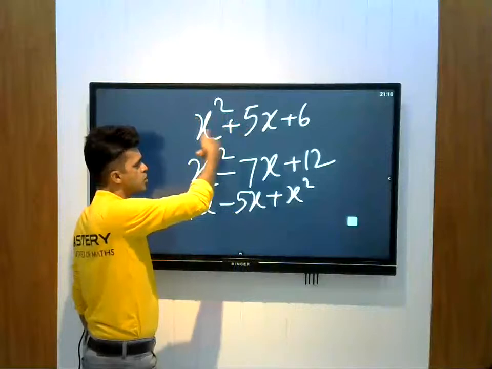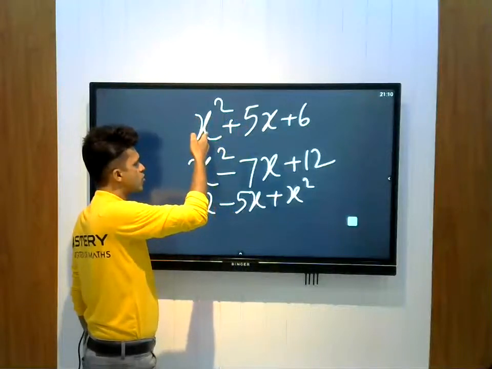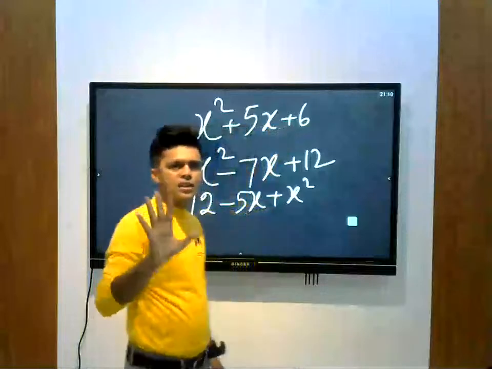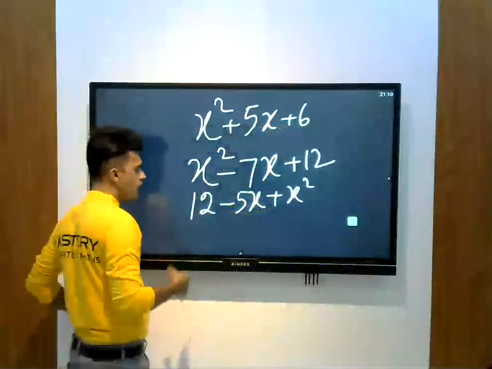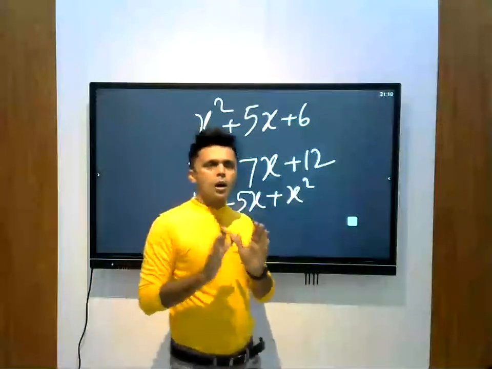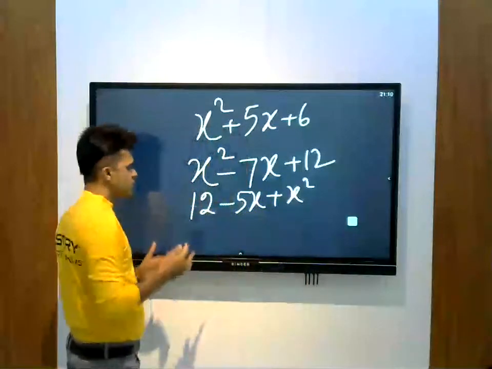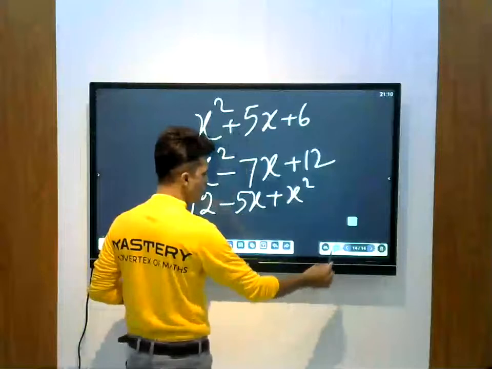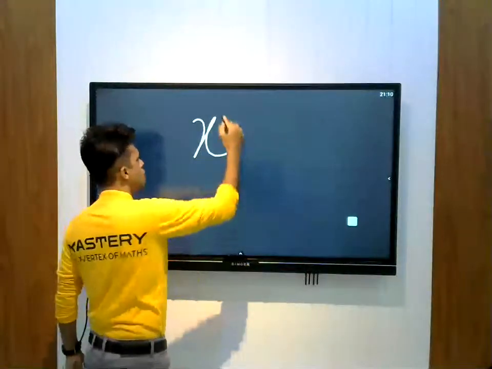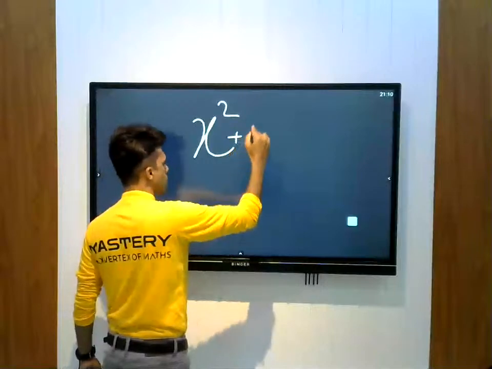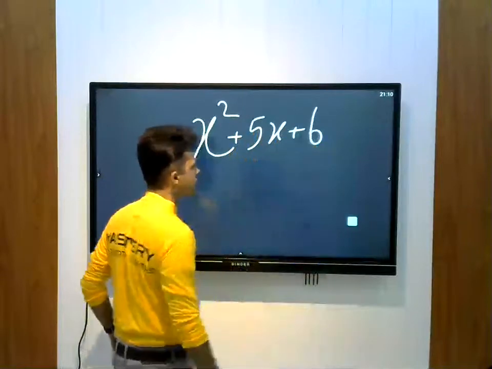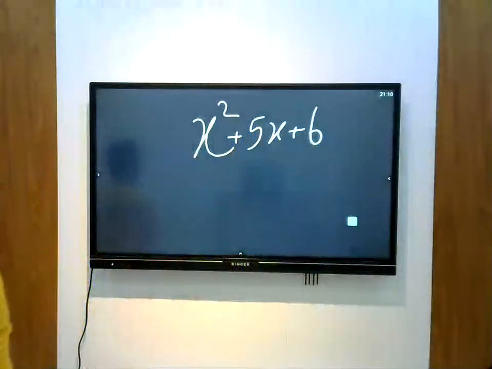Here is the x square term, x term, after that the constant term or the digit. So now I believe that you are able to get an idea about quadratic expressions. Now, how to find factors of quadratic expressions? X squared plus 5x plus 6. How can you do this? Think of this.